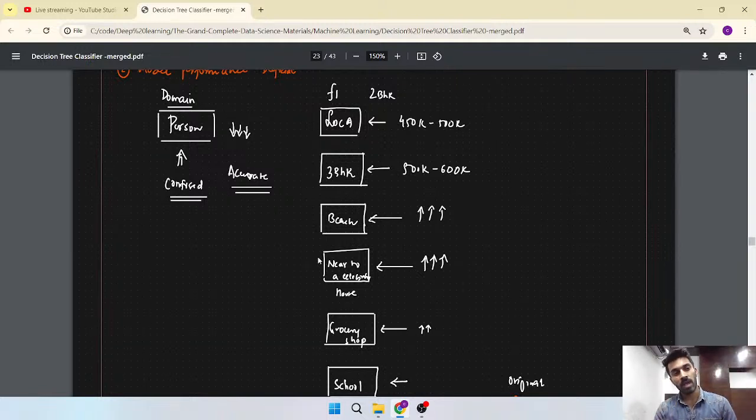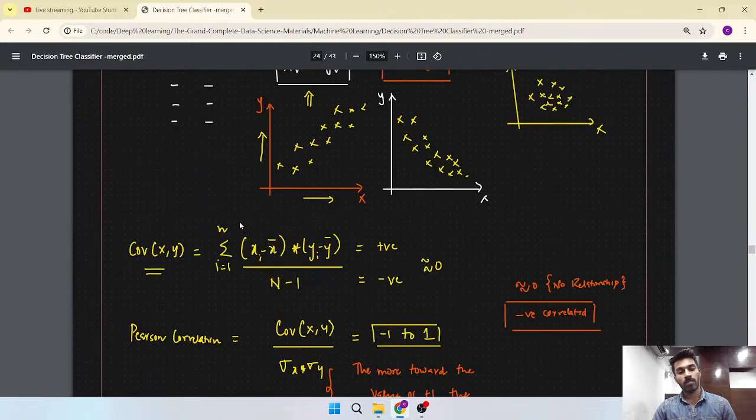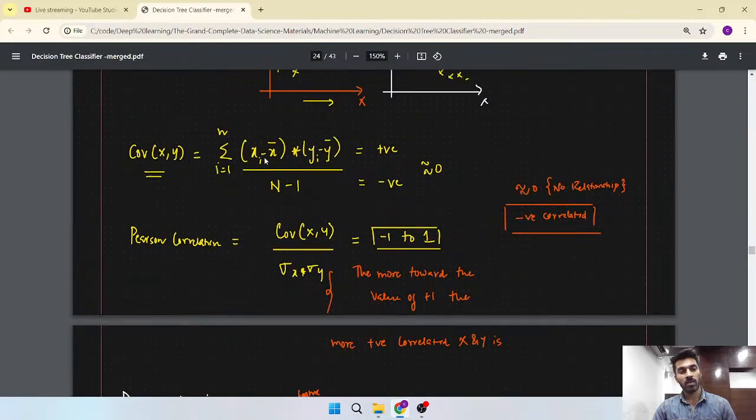So firstly apply the correlation coefficient on your dataset. Covariance of x comma y is the summation of (xi minus x bar, where x bar is the mean) into (yi minus y bar, the mean), upon n minus 1. N is the total number of rows in your dataset.